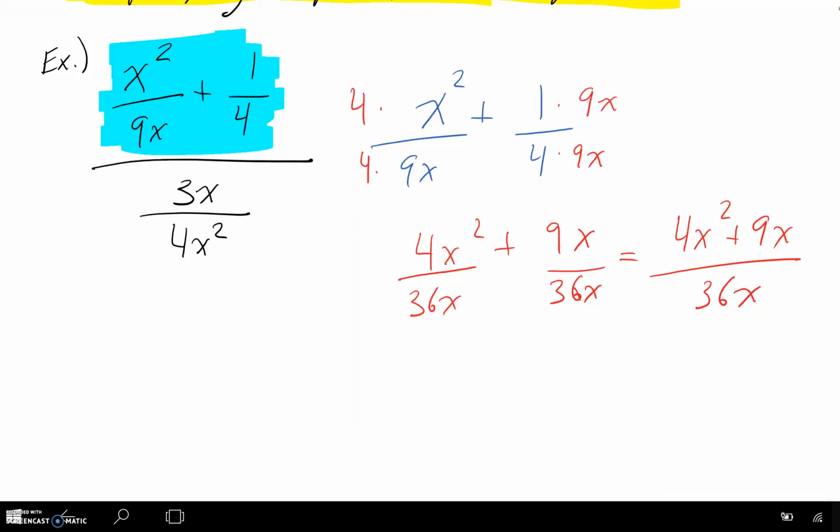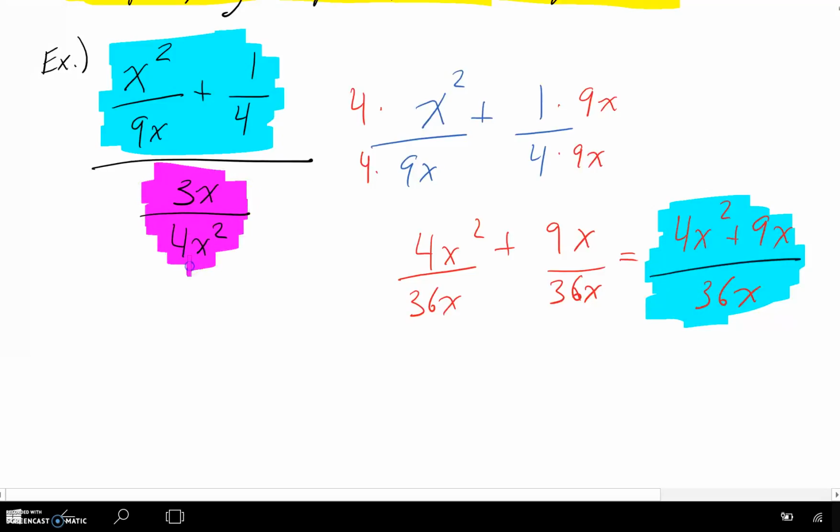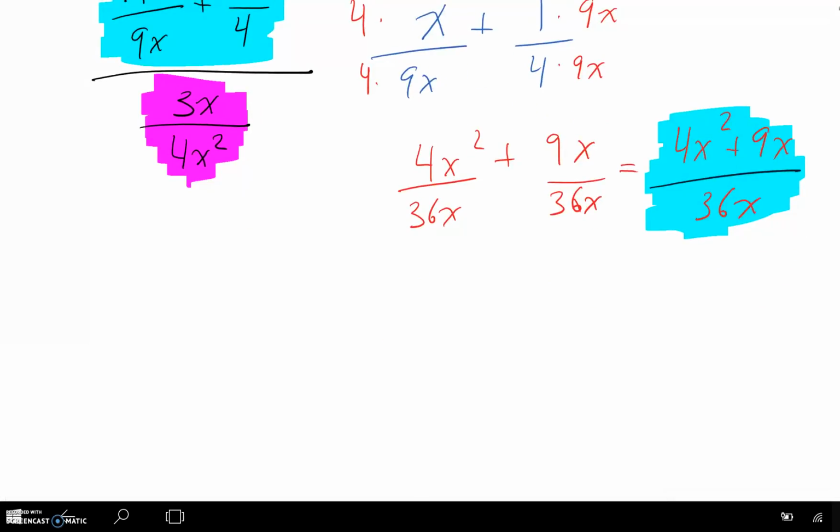Alright, and again, this is just the numerator that we simplified. So now let's simplify the denominator. Well, it's already simplified, which is good.